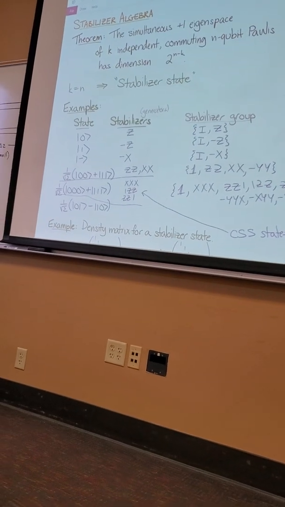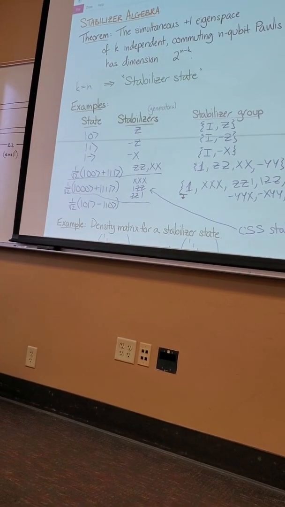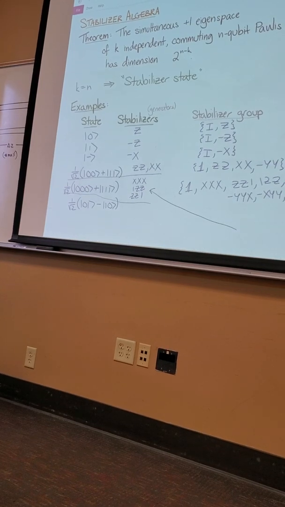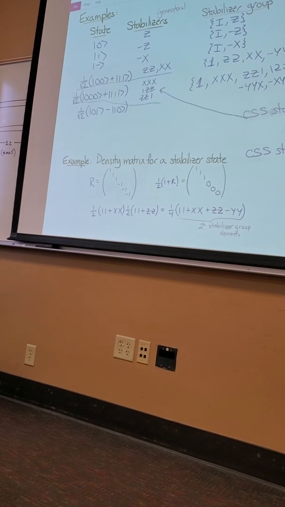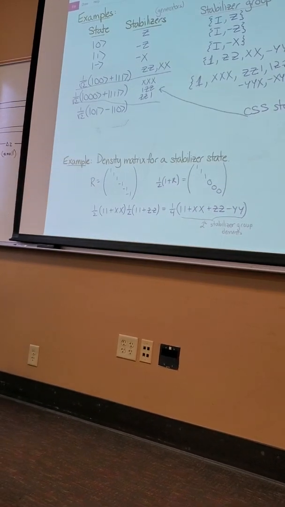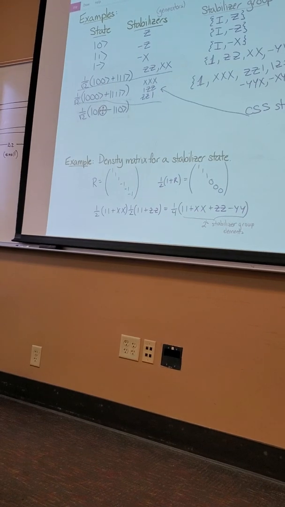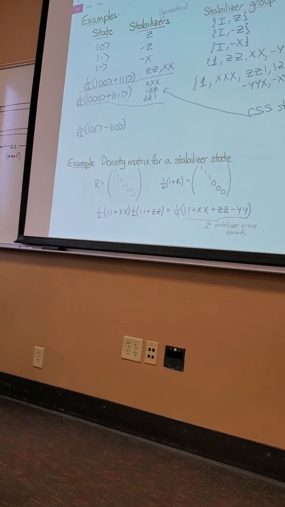Okay. Here, I'll do 2 more examples. But maybe the second one's too complicated. But let's see. Let's do this example. What is a set of stabilizer generators? Okay, this one you can do negative ZZ, right?